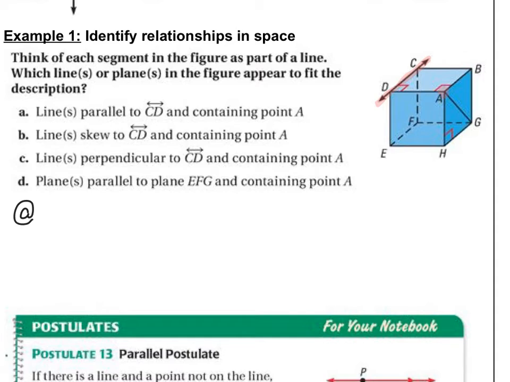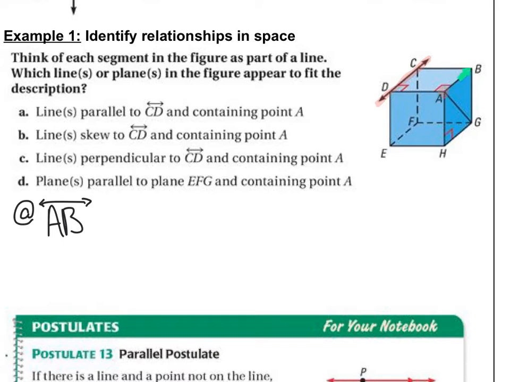In this case, the only one that would meet this criteria would be line AB. There are other lines that are parallel to CD, but AB is the only one that contains the point A.